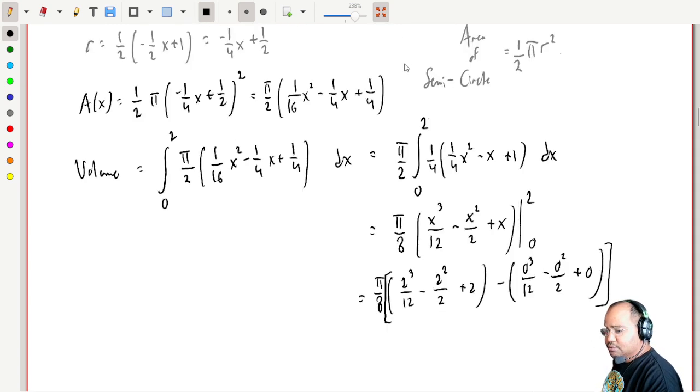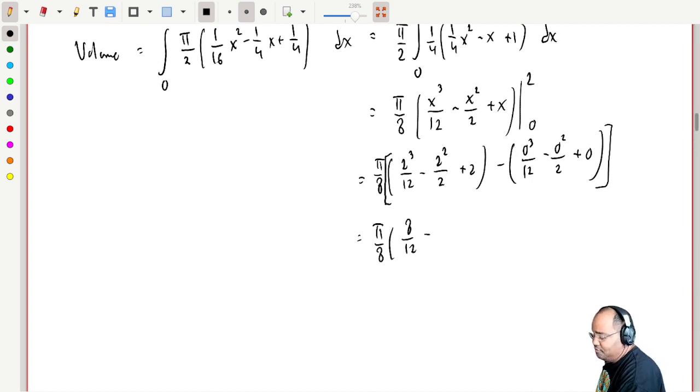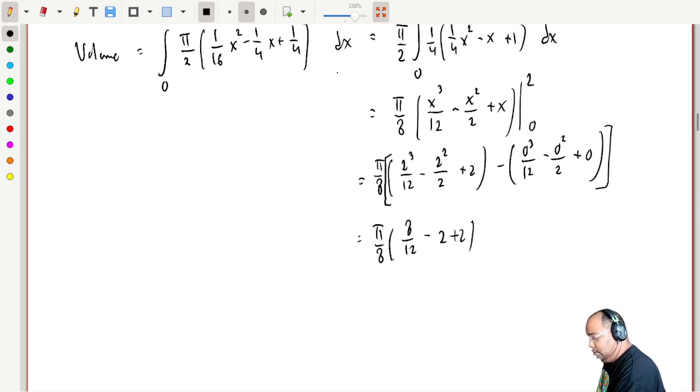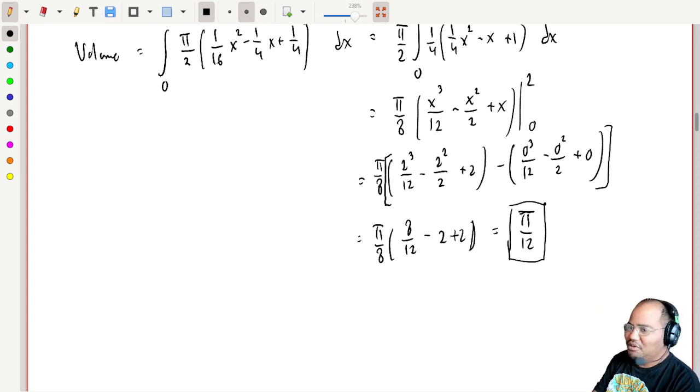Okay, now we just do some of the hard calculator work here. 2 cubed is 8. You get 8 over 12. Minus 2 squared, that's 4, over 2 is 2. Plus 2. Okay, well, 2 minus 2 is 0. Then we have pi over 8 times 8 over 12, the eighths drop, and we just get a simple number. Pi over 12.